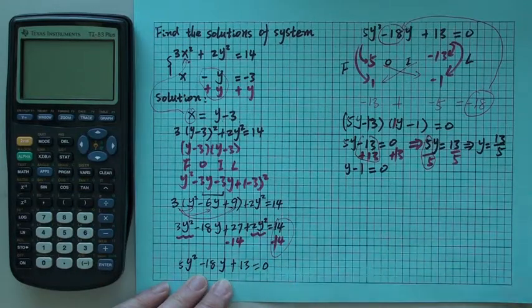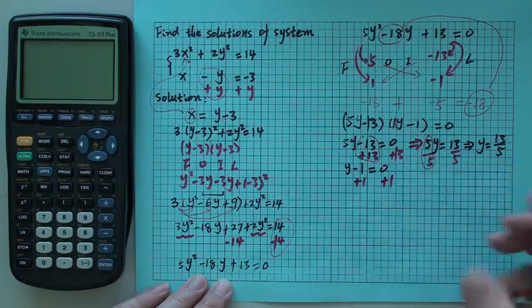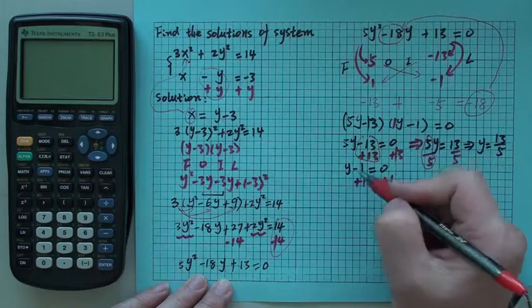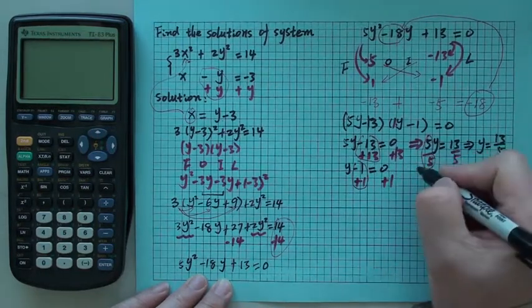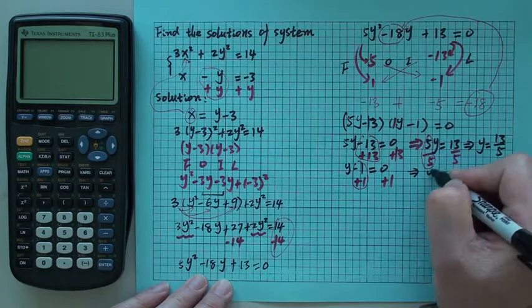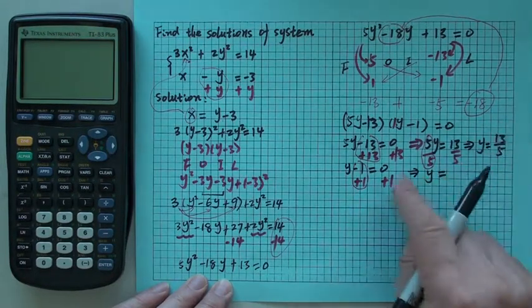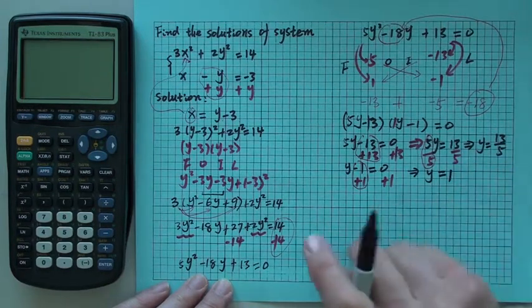That's the first one. The second one is relatively easier. You add 1 on both sides, then cancel on the left, so y stands alone on the left. The right hand side is 0 plus 1, which gives us 1.